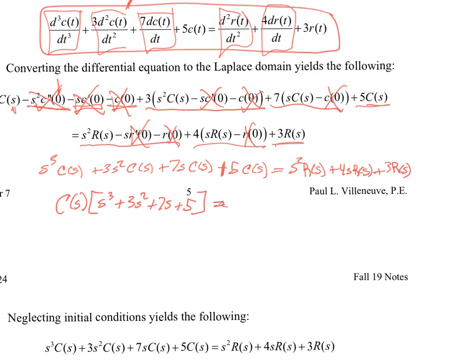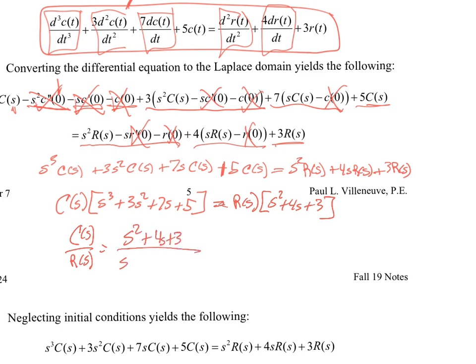That's going to be equal to R of s times s squared plus 4s plus 3. And my transfer function is output over input, C of s over R of s. Now I just have to do, not factoring, but dividing it out.